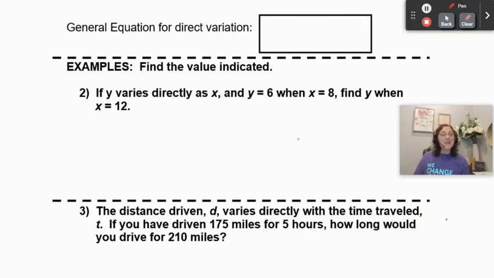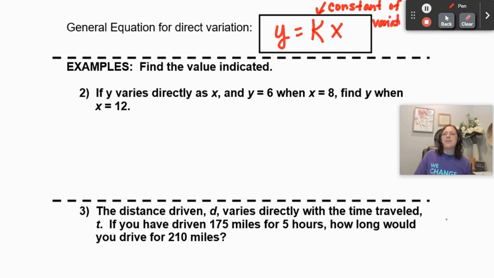Now, I hope you're taking good notes for our direct variation here because I want you to get this good formula for the direct variation, and that is y equals kx. Remember how we said k stands for the constant of variation? So I want you to think of k here as that constant of variation. And I'm going to use two examples here to show you how we use that k.